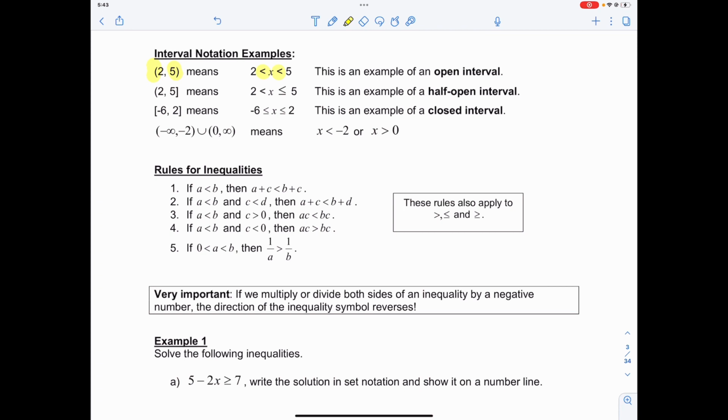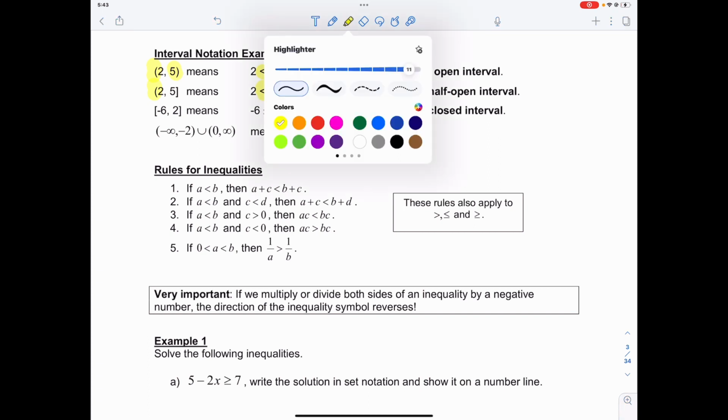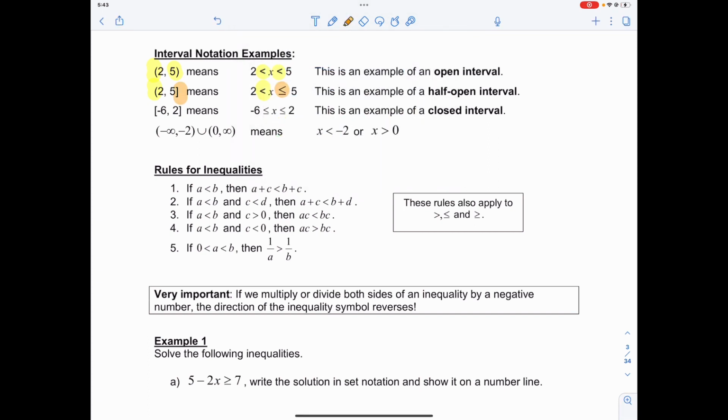We can have half open intervals where it's going to be not equal to one of the endpoints, but it can actually be equal to the other. Or we can have closed intervals where it has the square brackets and it's actually equal to both of those endpoints on the interval.